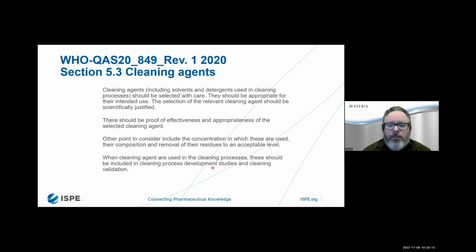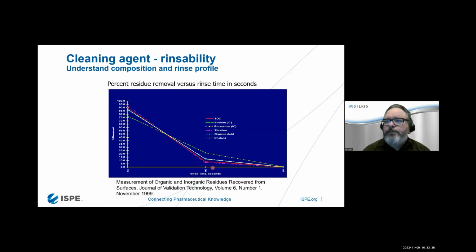So this was in line with what Richard was talking about with lab evaluations. We're definitely seeing a pickup in laboratory work to support the selection of cleaning agents, as well as the selection of cleaning parameters that are then taken to the field trials or to the cleaning validation process.